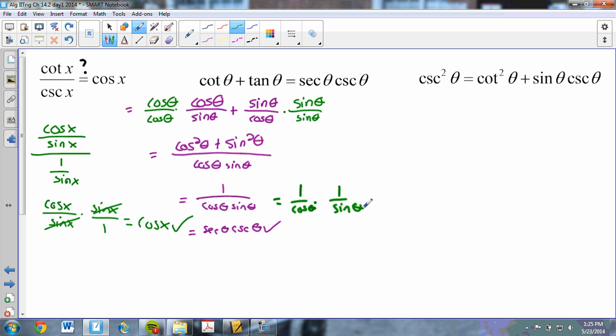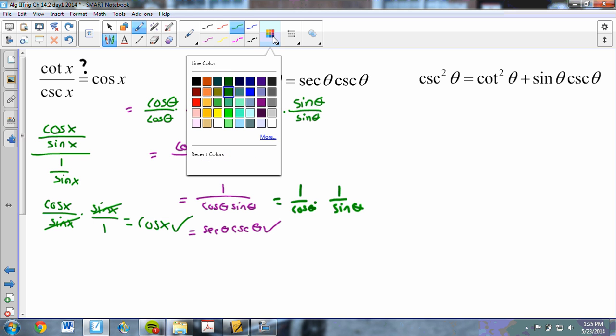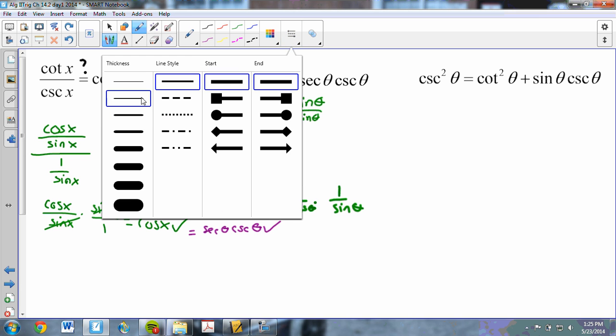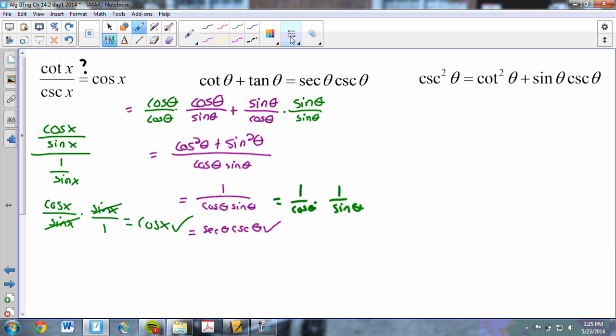Okay, third one. Let's do the right side. Start with the right side. And then what'd you say, Katie? I said, well, after the plus sign it can be sine theta times 1 over sine.